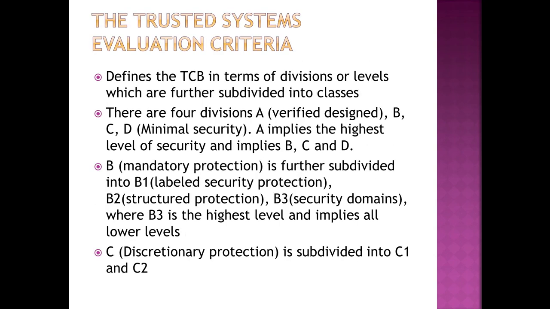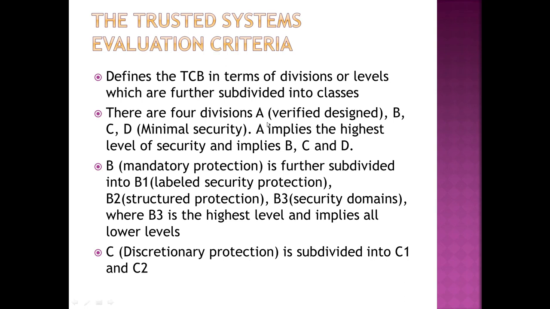So beginning with the Trusted Computer System Evaluation Criteria, or TCSEC. First of all, the TCSEC defines the TCB in terms of divisions or levels. So every system that is evaluated using the TCSEC is evaluated in terms of levels, and these levels go from A, which is verified design, to D, which is referred to as minimal security.